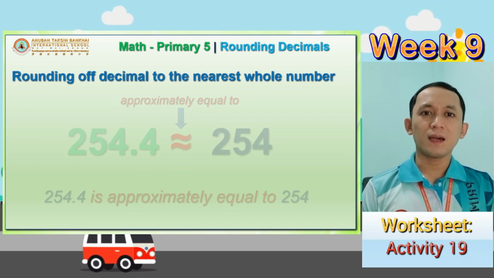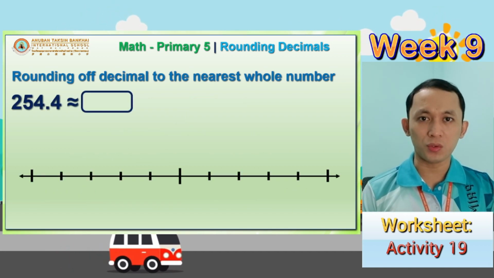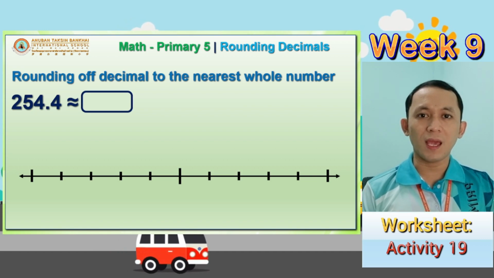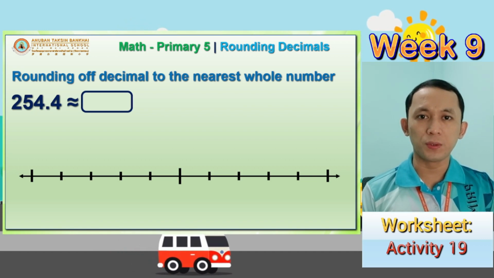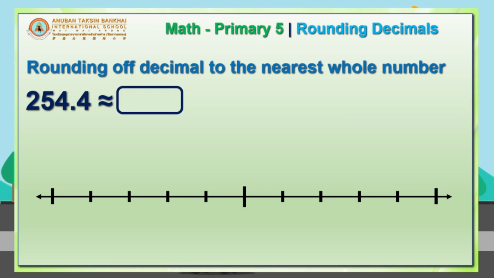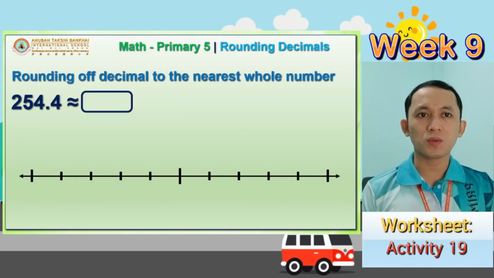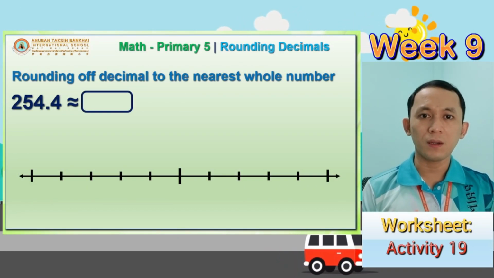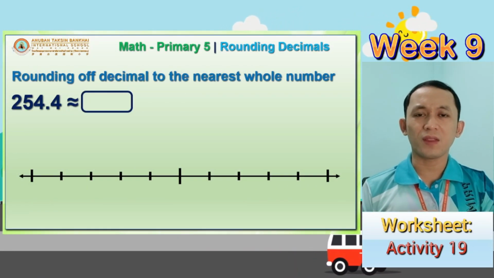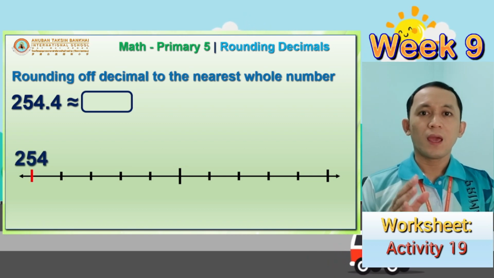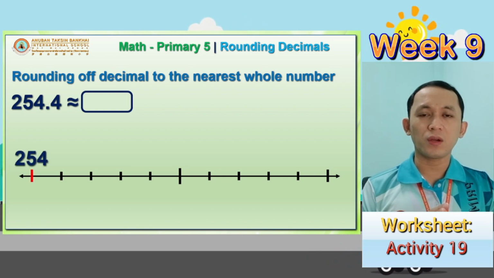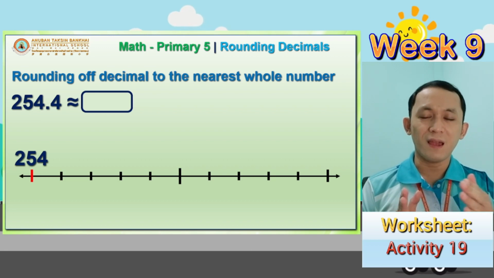Now let us have a different approach. Let's use a number line to prove that 254.4 is approximately equal to 254. So we have here a number line. First, we write the whole number on the left side, that is 254, and on the right side we write the next whole number.